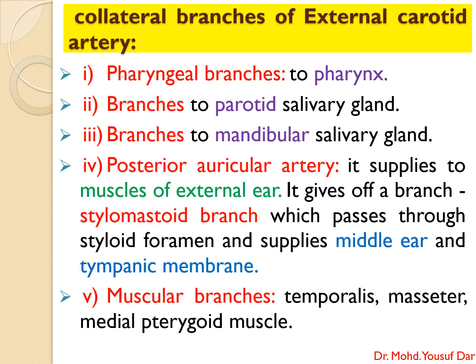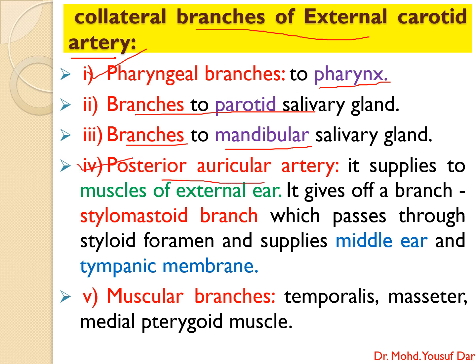Now coming to the collateral branches of the external carotid artery. Which branches arise from the external carotid artery? Pharyngeal branches that go to the pharynx, then branches to the parotid salivary gland, then branches to the mandibular salivary gland. Next, very important, is the posterior auricular artery.